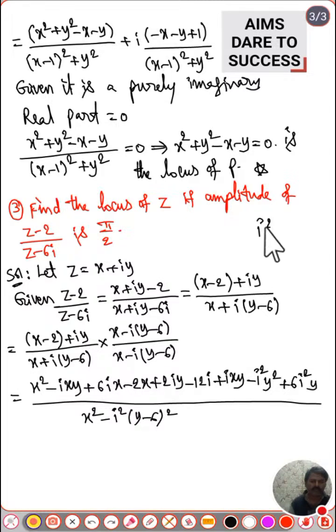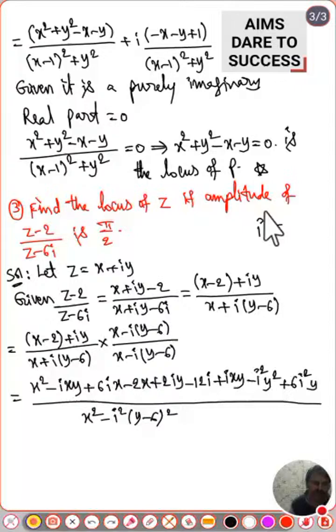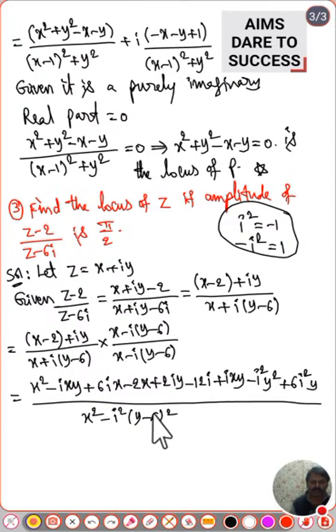So minus i square is equal to 1. Use this value in this.